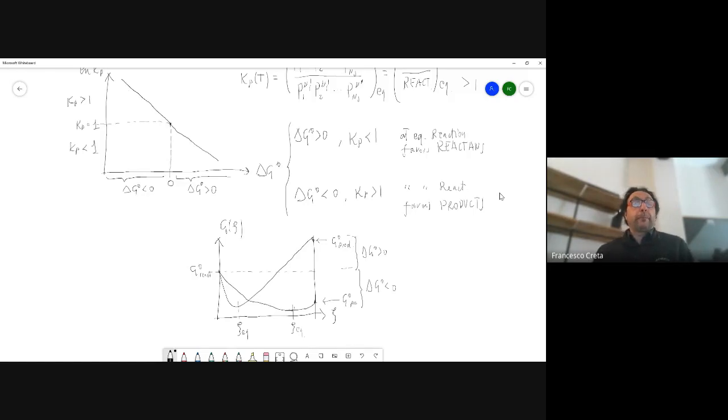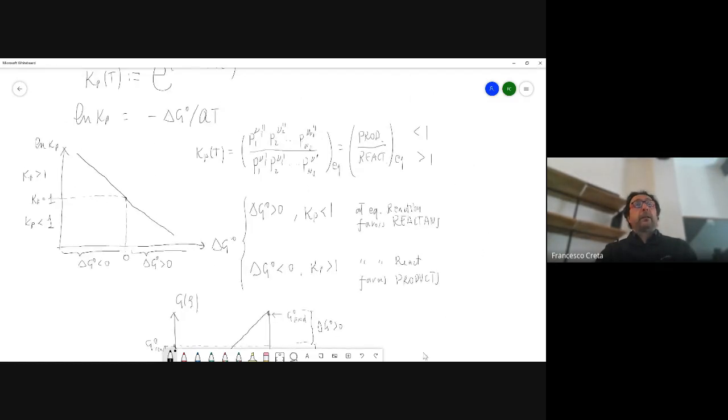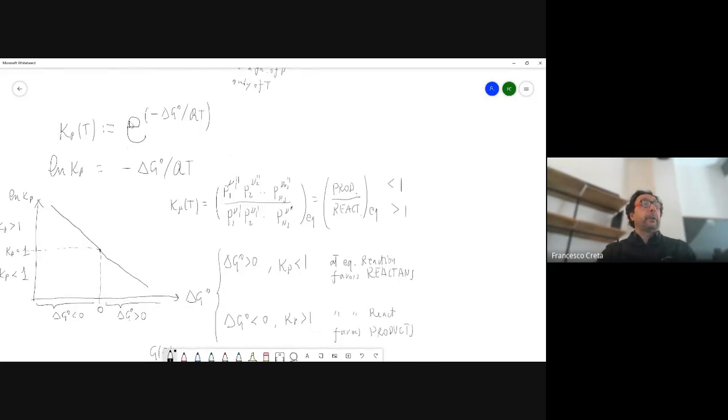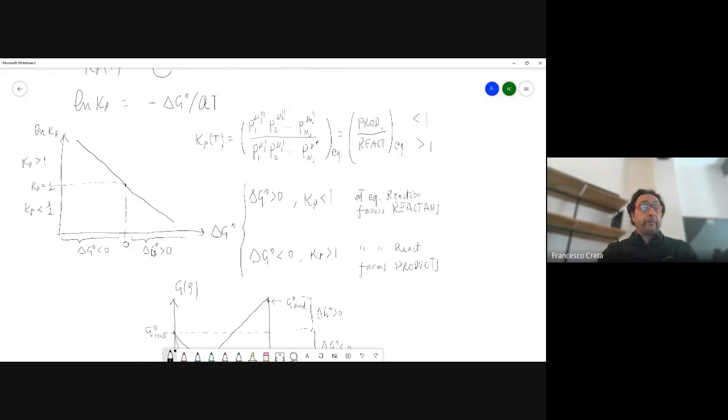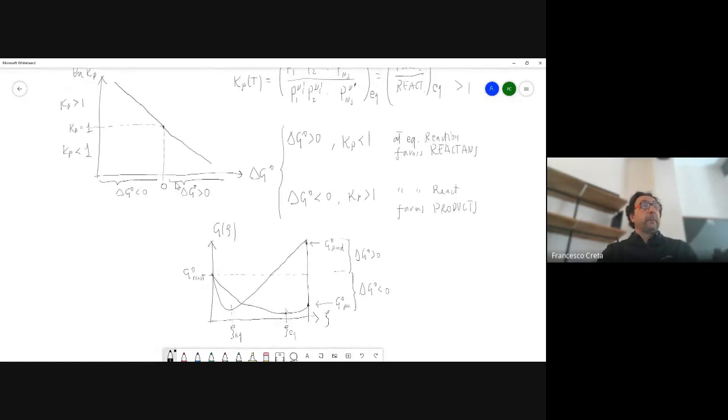What's important is the delta G, the jump in Gibbs energy between the unmixed products and the unmixed reactants. That's why it plays a crucial role, because it defines the equilibrium constant, and really the equilibrium constant is fully related to delta G0 in this way.